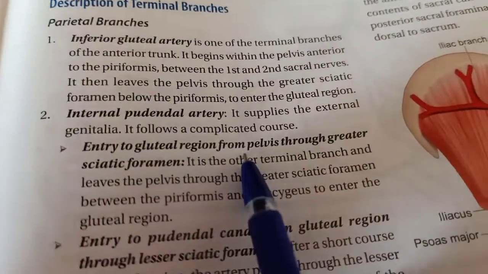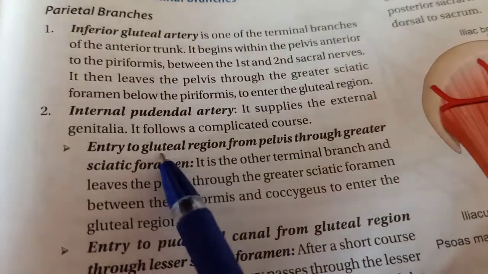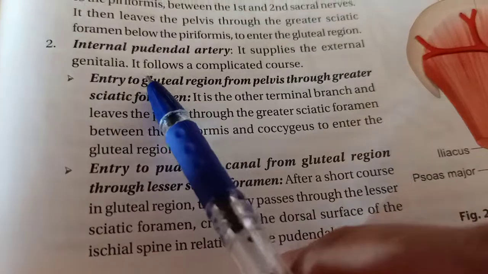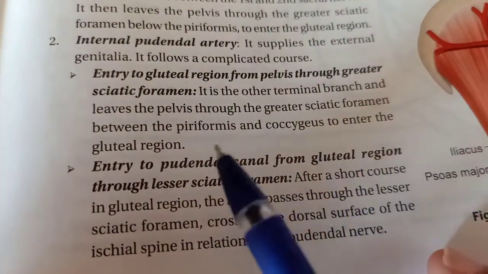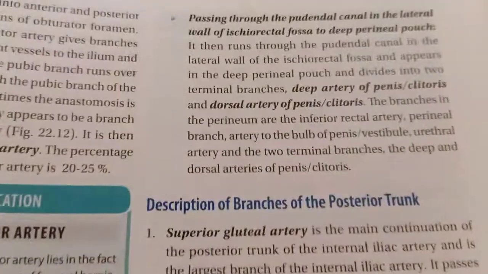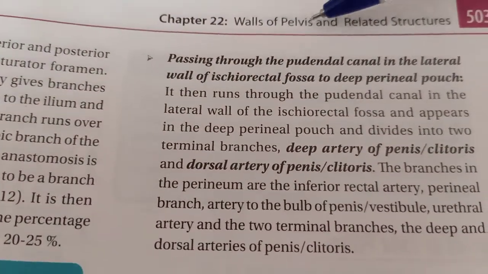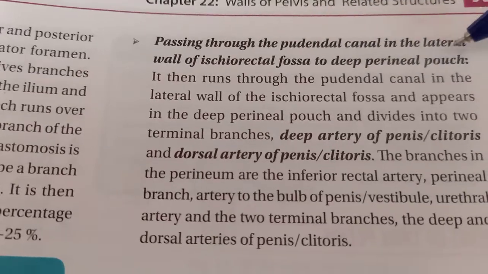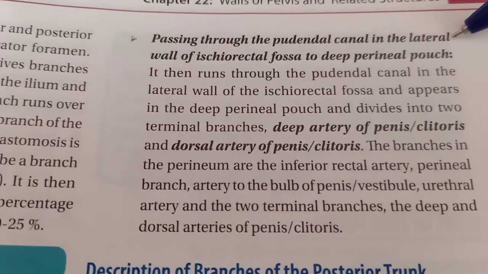So from the pelvis it enters the gluteal region through the greater sciatic foramen. From the gluteal region it reaches the pudendal canal through the lesser sciatic foramen. And from the pudendal canal it reaches the deep perineal pouch.